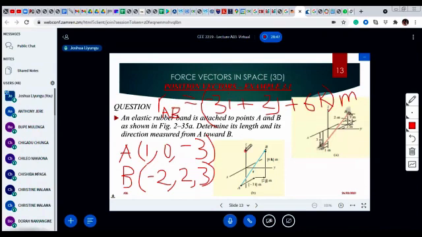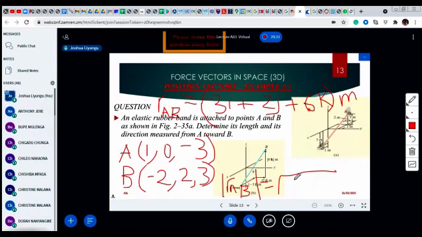Once we have this, the next thing now is to find the magnitude RAB. All of us know, it is the square of 3, which is 9, 2 squared, that is 4, and 6 squared, that is 36.